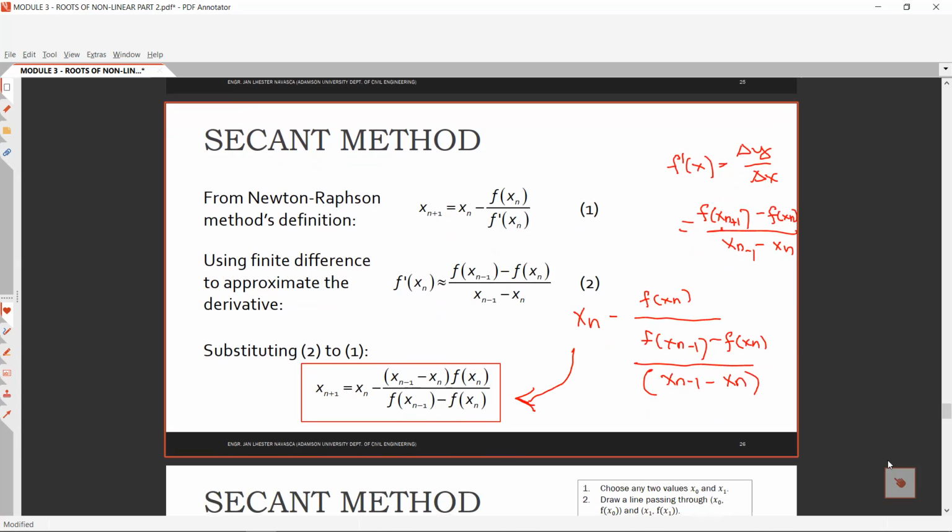Okay? Na x sub n minus 1 minus x sub n multiplied by your f of x sub n all over the f of x sub n minus 1 minus f of x sub n. Okay? So ito yung equation for the second method. So na-derive siya from the Newton-Raphson method using a finite difference approximation of the derivative. Okay?